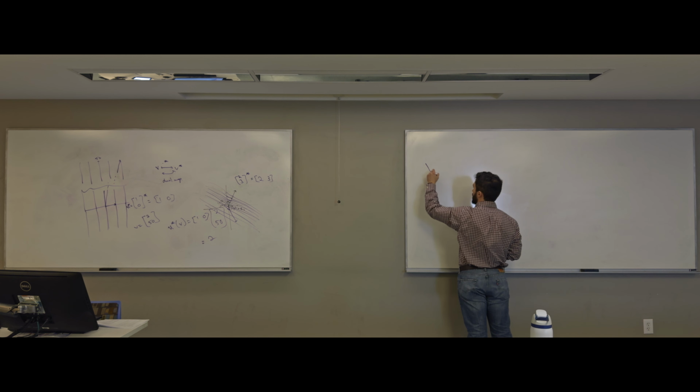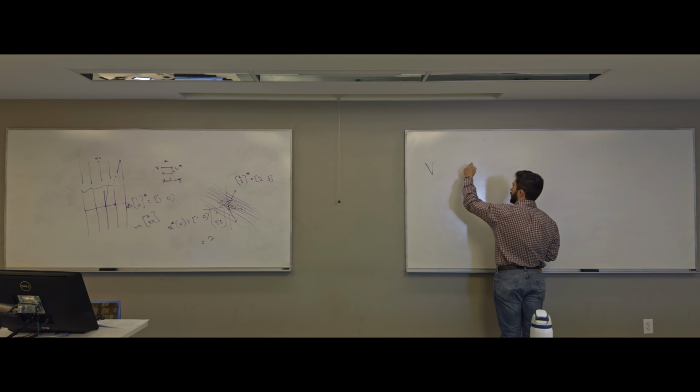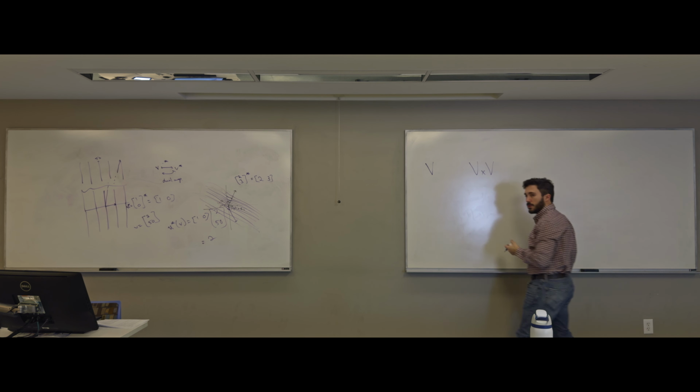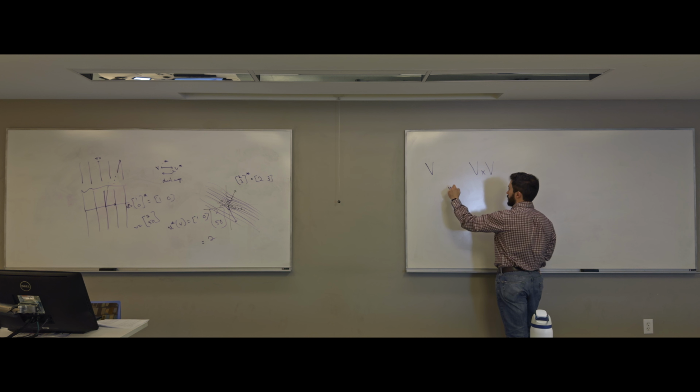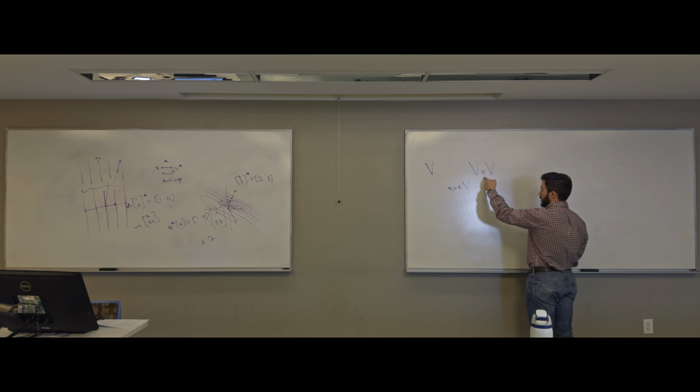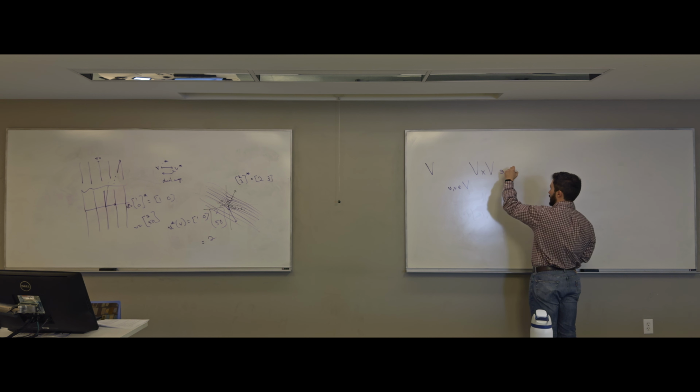If I have a vector space V, and I form something called the Cartesian product of V with itself, what do its elements look like? So I take u and v in V, and then an element of this looks like this. Just a pair.